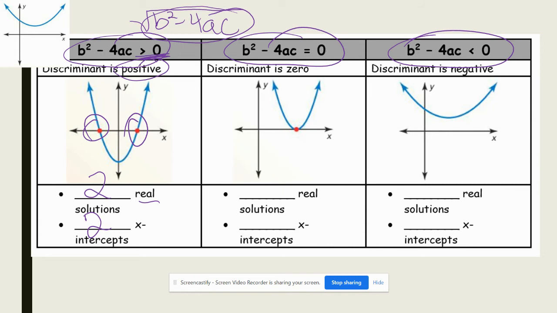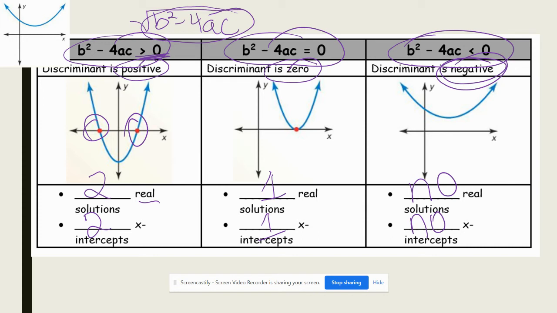If b squared minus 4ac is equal to 0, so we have the square root of 0, remember, that only has one answer, and so there would be 1 real solution and 1 x-intercept. If the discriminant b squared minus 4ac is less than 0 or negative, then there are no real solutions and no x-intercepts.